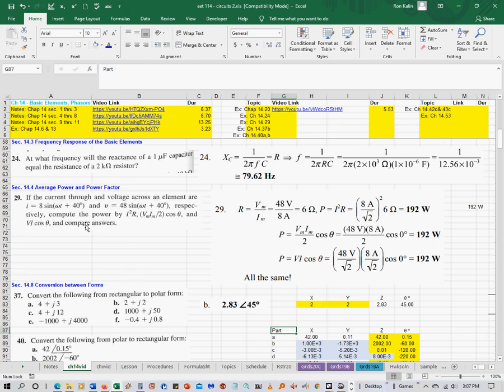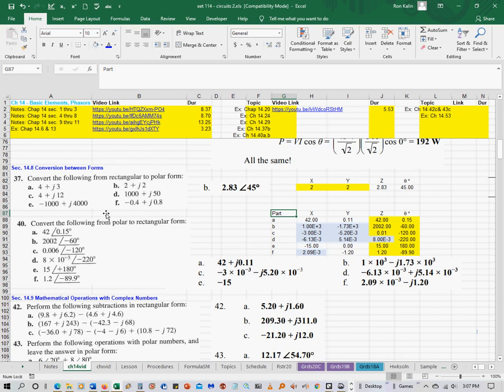So you have to take the maximum value, 48, divided by the square root of 2 to get V RMS, and for I RMS you take the 8 divided by the square root of 2. When you multiply them together, notice it looks exactly the same as this formula. The square root of 2 times square root of 2 ends up being 2, so it's the same formula. So you get 192 watts again, so they're all the same.